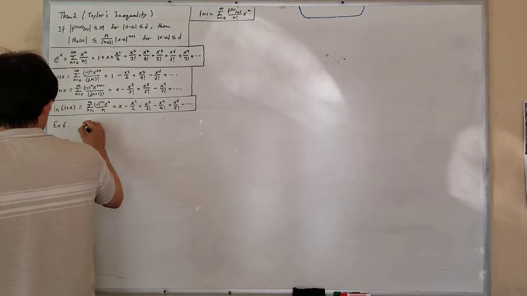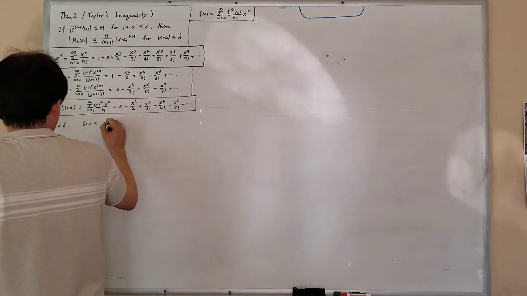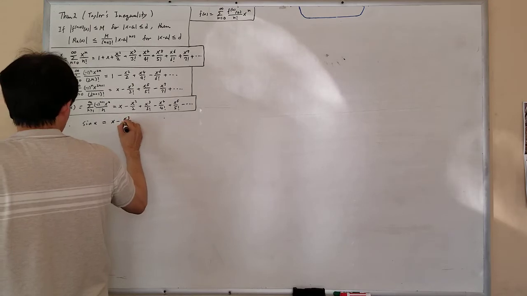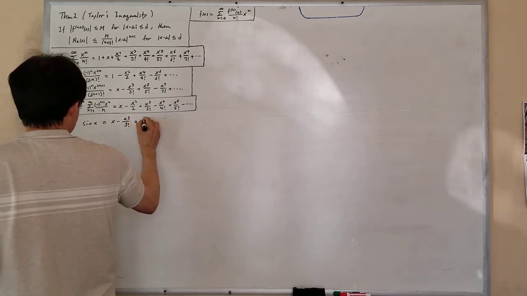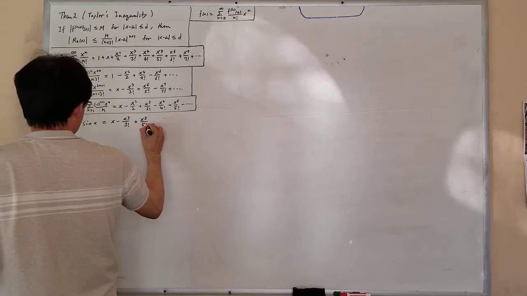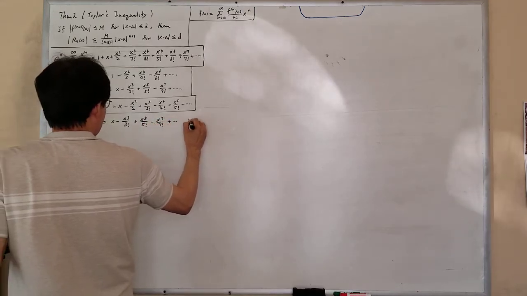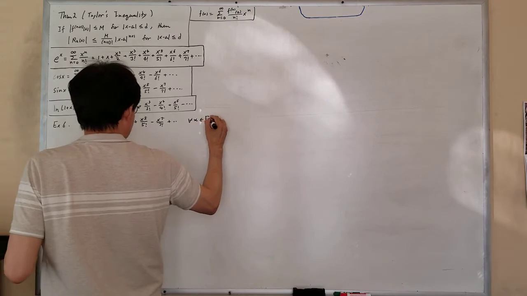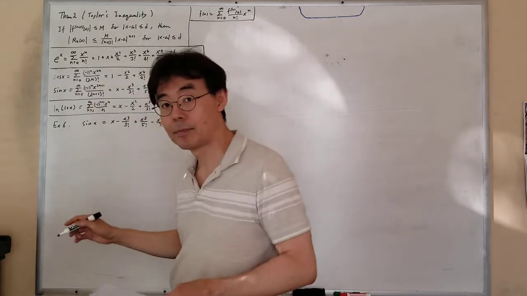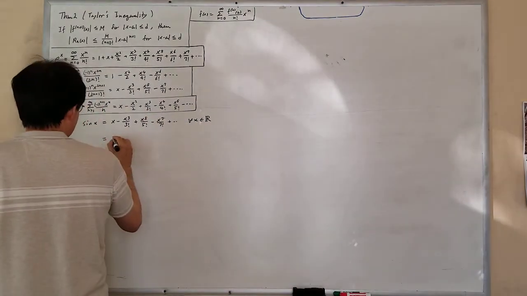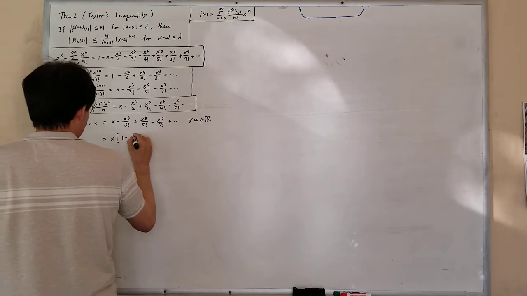Now, sine of x, again, as you can see, equals x minus x cubed over 3 factorial, and so on. This is true for all x, right? Now, take out x.